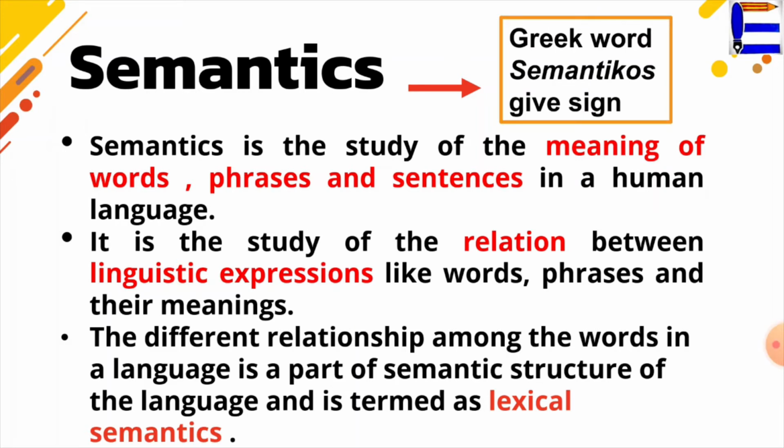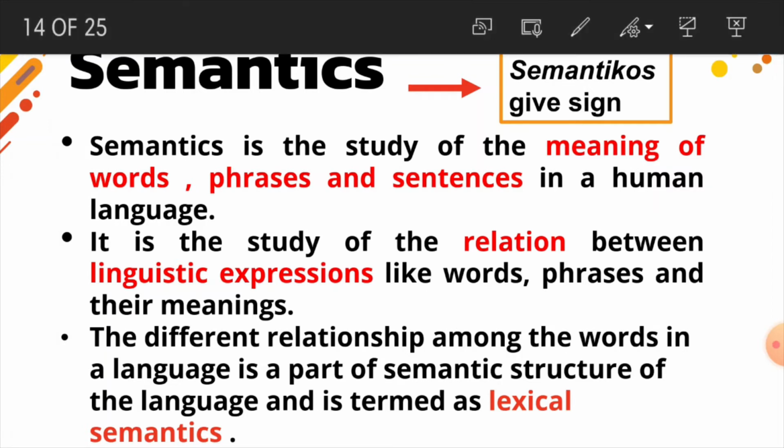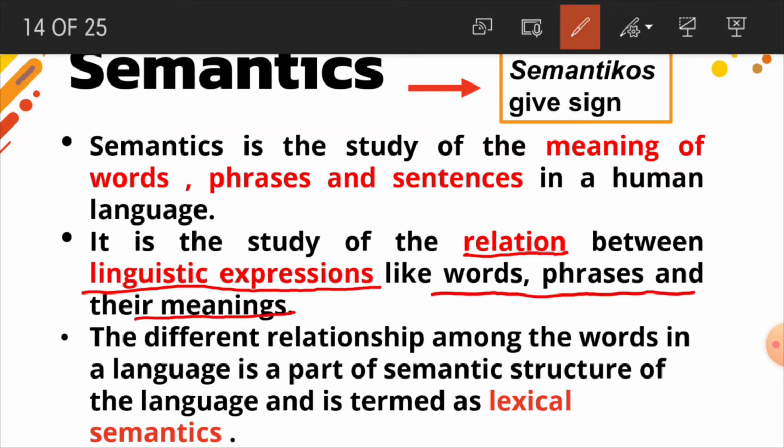Sign means the words. So, semantics is the study of the meaning of words, phrases and sentences in human language. It is the study of the relations between linguistic expressions. Linguistic expression means words, phrases and their meaning. I'll give you an example. Words have got some kind of relations.